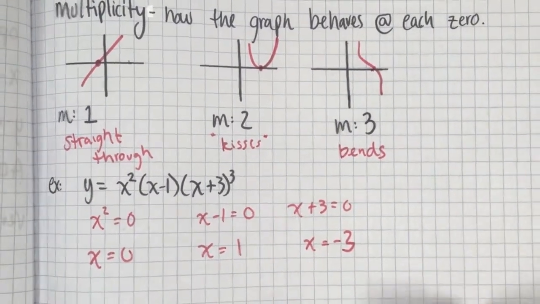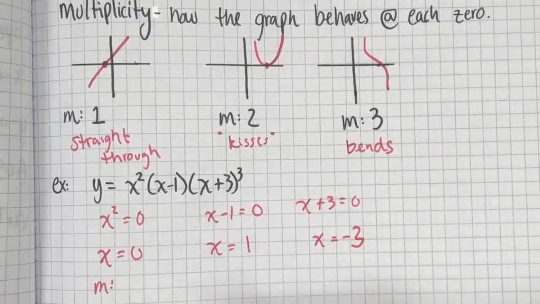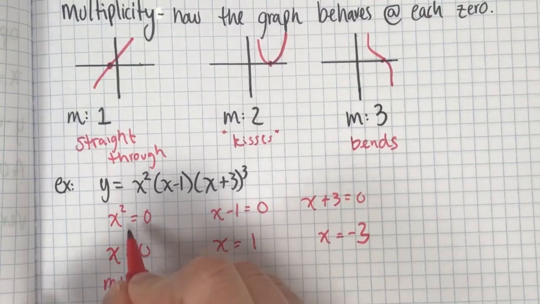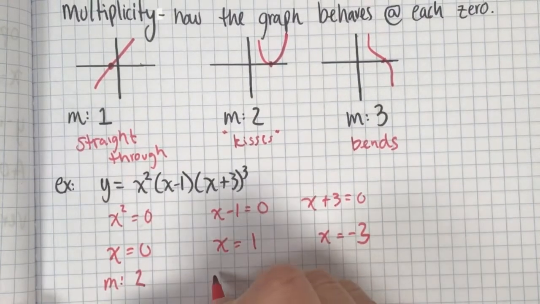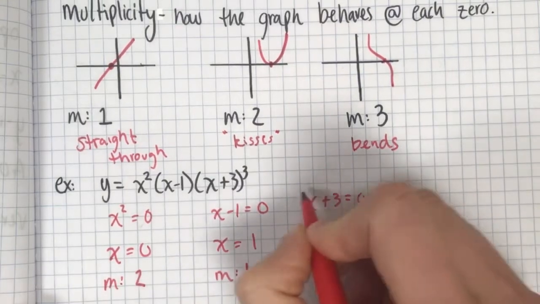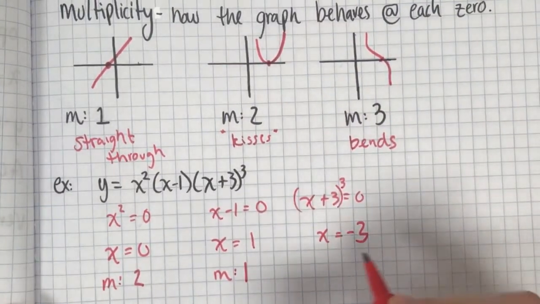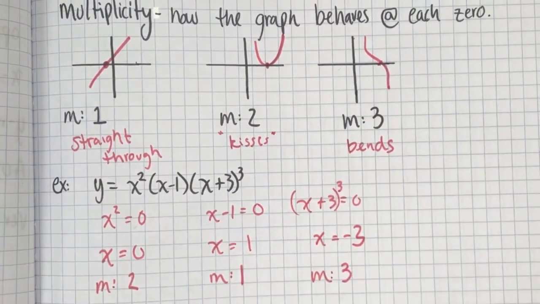And the multiplicity is, what is that exponent with it? All right, so this one had a 2, so this is an exponent of 2. This had a multiplicity of 1. We can actually go ahead and cube this. We'll still get the same answer. And this had a multiplicity of 3.